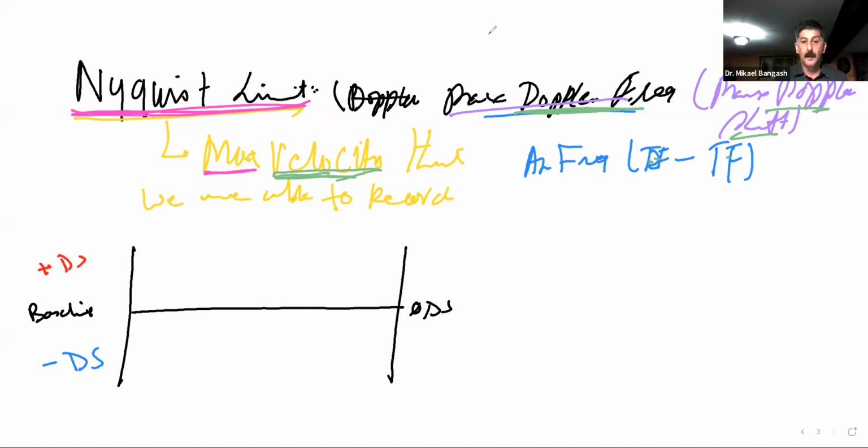Right, okay. Now we said that as our Doppler shifts go, let's just say that it goes by 10. So it says 10 centimeters per second, 20 centimeters per second, 30 centimeters per second, 40 centimeters per second, and we can say 50 centimeters per second.